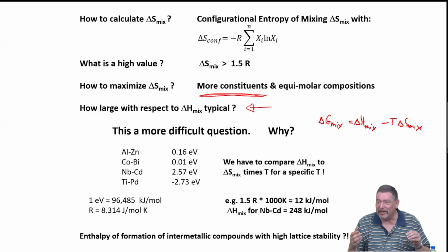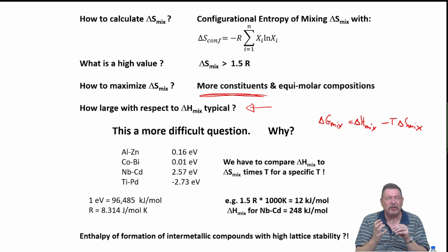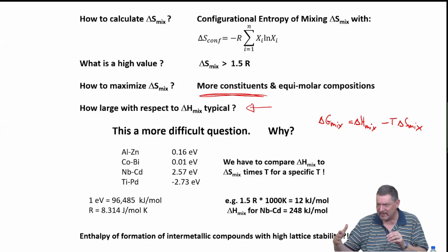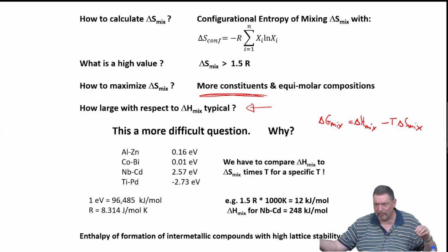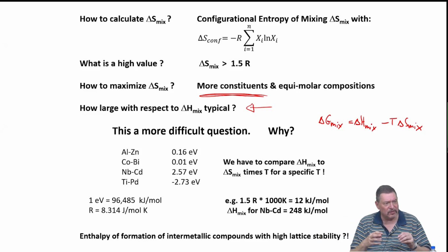So normally, if we have atoms which have rather similar atomic radius, Goldschmidt atomic radius, and if the valence electron concentration is rather similar, this gives rather similar bond lengths, then the probability is higher that they would mix at low delta H mix, which means the probability is higher that you can mix them in one solid solution phase, making a higher entropy system.